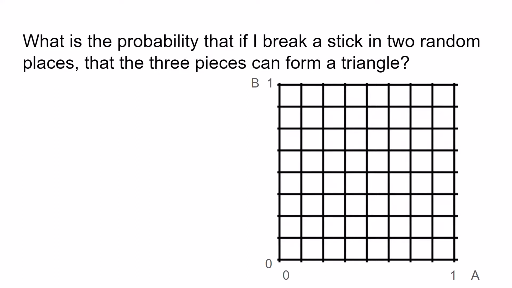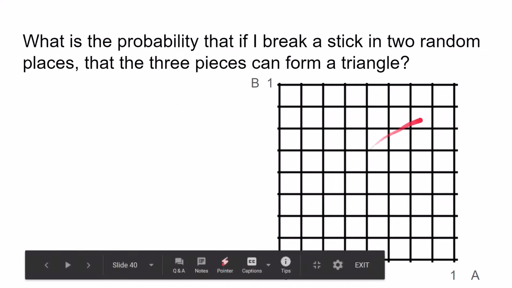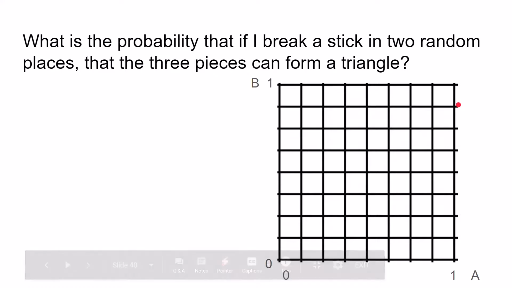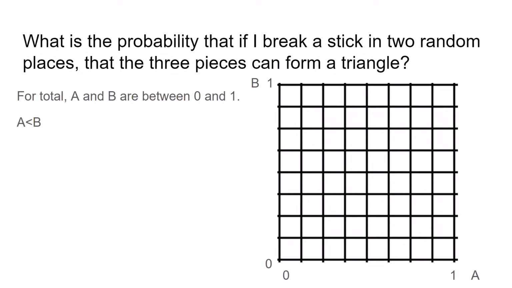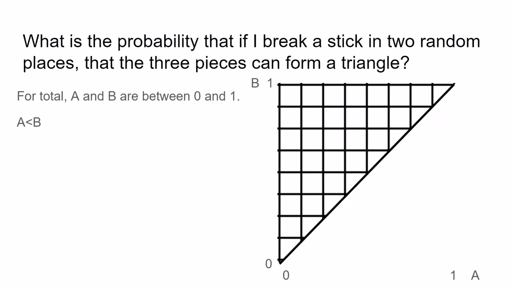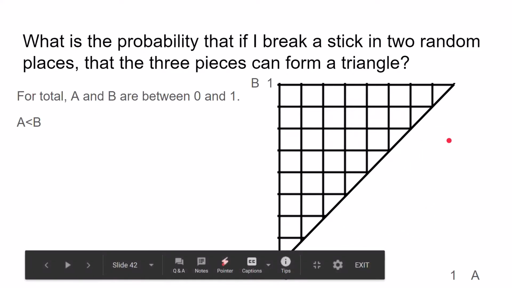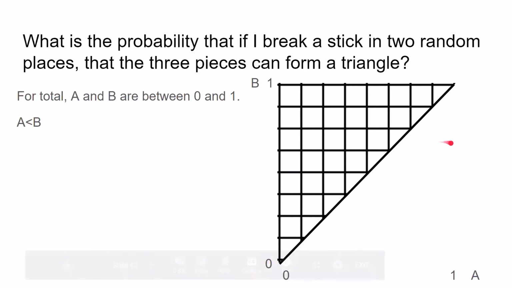One thing that's different is that this half of the graph cannot actually be possible because we decided that B is farther than A, and so B has to be greater than A. And so we can just get rid of this half as our total. And we also have that A and B are between 0 and 1.